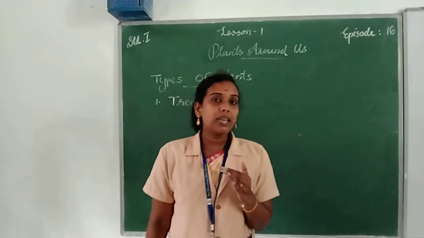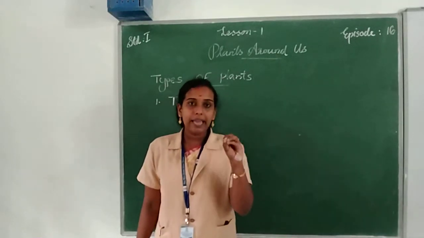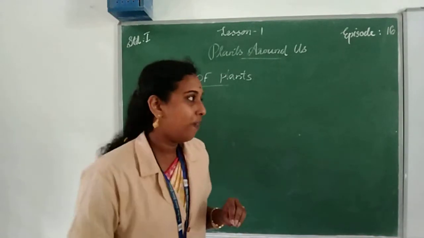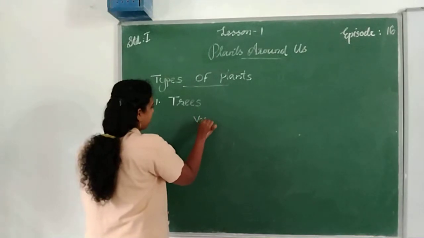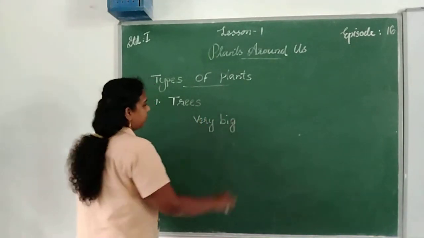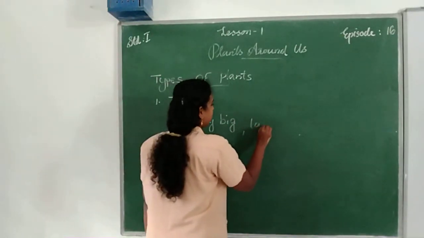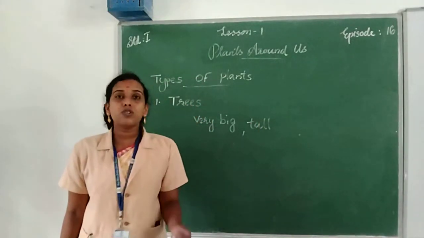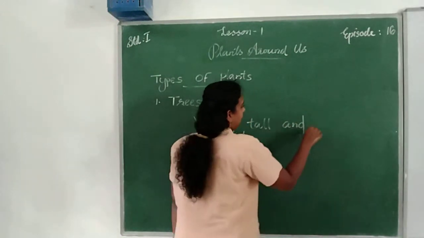So what do you mean by tree? Very big, tall and strong plants are called trees. Very, V-E-R-Y, very big, B-I-G, very big, tall, T-A-L-L, tall, and strong.